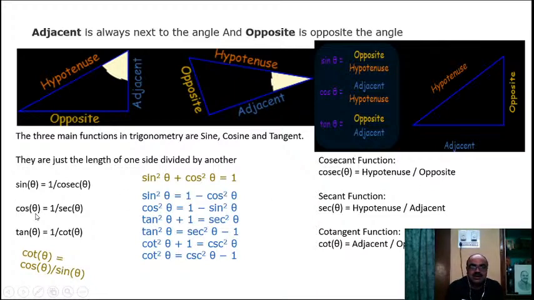In the same way, cos is 1 by sec theta. Secant and cos are reciprocally related: adjacent by hypotenuse, hypotenuse by adjacent. In the case of tan theta, it is 1 by cot theta. They are again reciprocally related. Tan is opposite by adjacent and cot is adjacent by opposite.